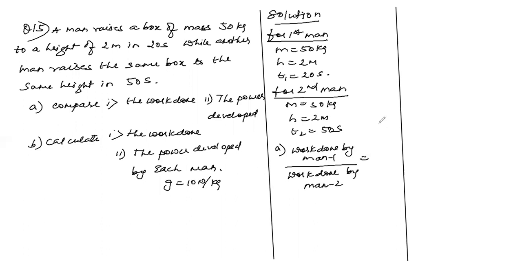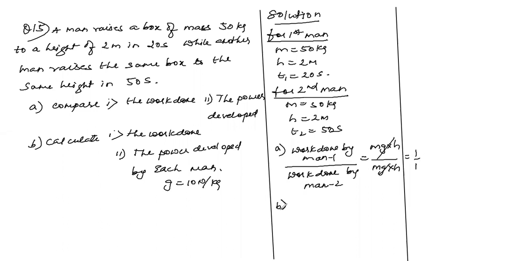Should be M into G into H upon M into G into H, right? Because everything is same. Mass is same, G is going to be same, H also is same. So how much you get? 1:1. So work done by man 1 upon work done by man 2 equal 1:1.